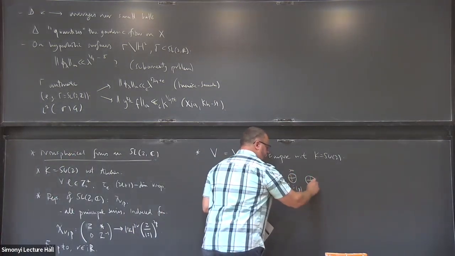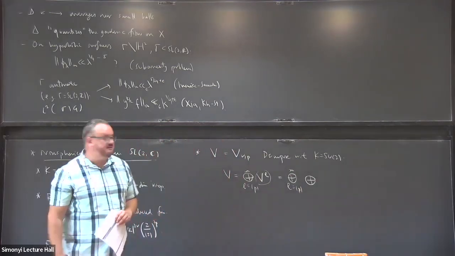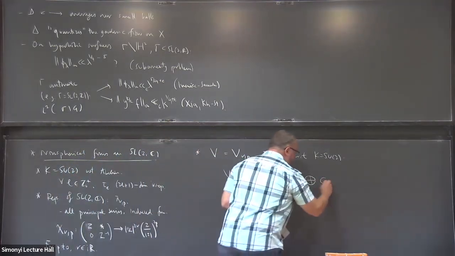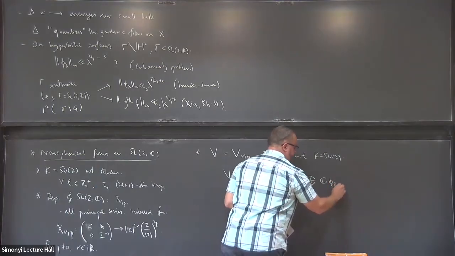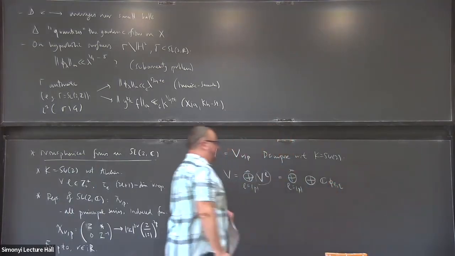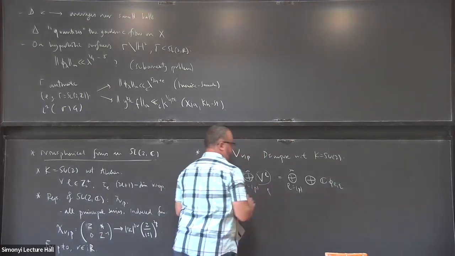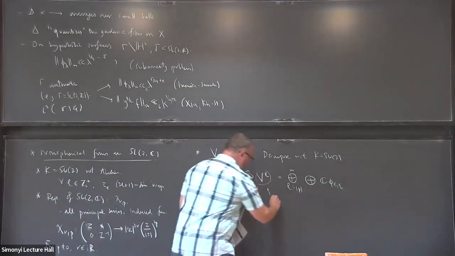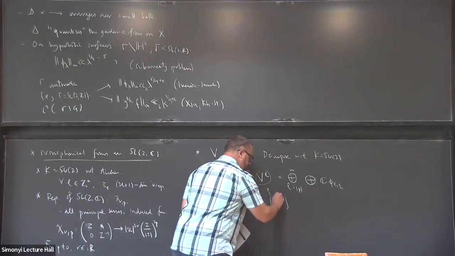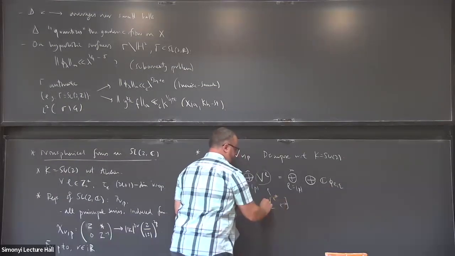You can further decompose this into one-dimensional spaces, if you will. And the way you can do this is that K is compact, and in particular, it will contain matrices of the form e to i theta, e to minus i theta.